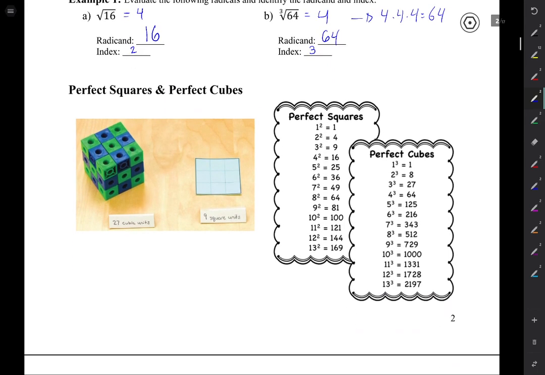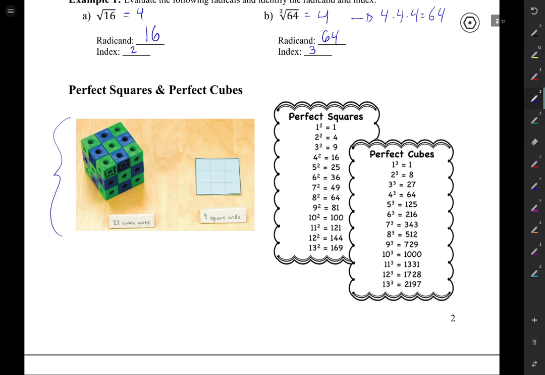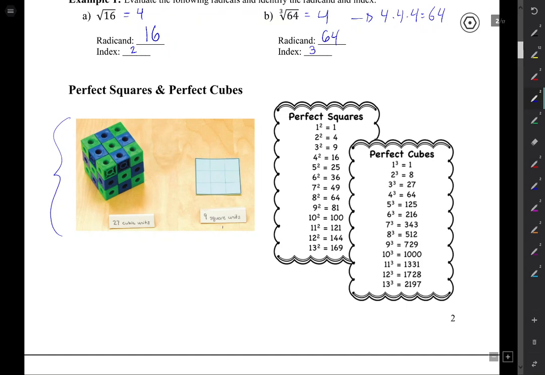Over here we have a list of perfect squares and perfect cubes, as well as a visual representation of perfect squares and perfect cubes. What these visuals are telling us is that here we have 9 square units. It's actually telling us the square root of 9, because we're dealing with a square shape here. There are 1, 2, 3, 4, 5, 6, 7, 8, 9 little boxes in there, so the square root of 9 is equal to 3, which is the side length of the square.